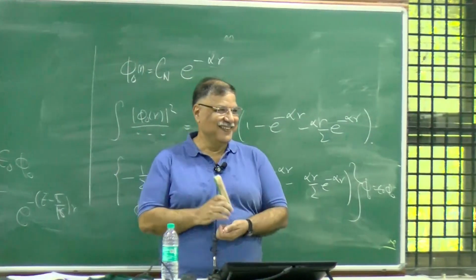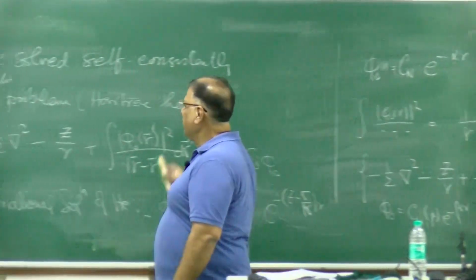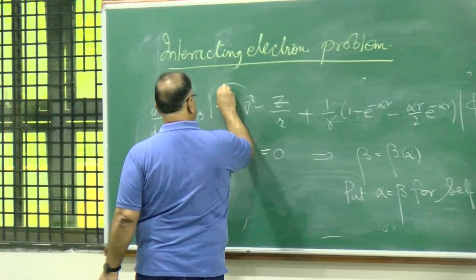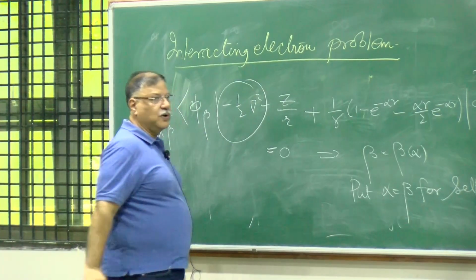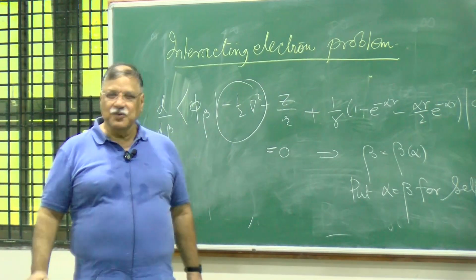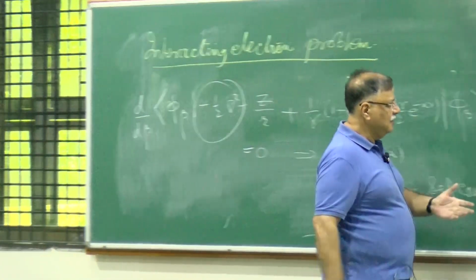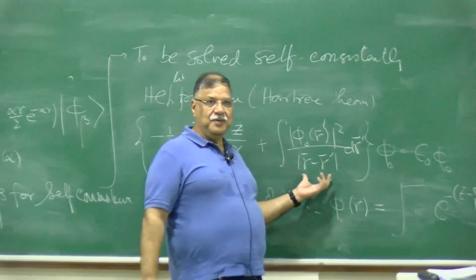Now, you see, when you do this, you still have this del square operator. And you still want to get rid of it because part of the potential we got rid of through density, right?